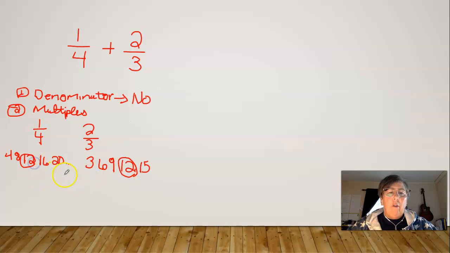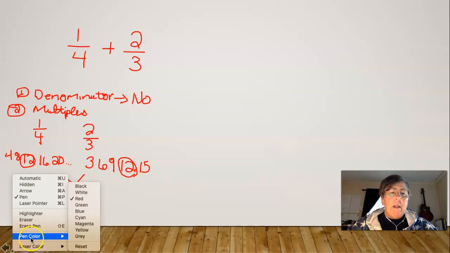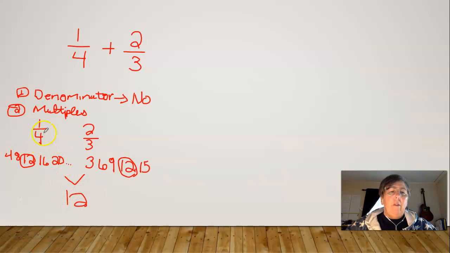We found that the least common multiple is going to be 12. So what does that tell me? My denominator is going to be 12. So I'm going to put equals and a 12 right here, and equals and a 12 right here.